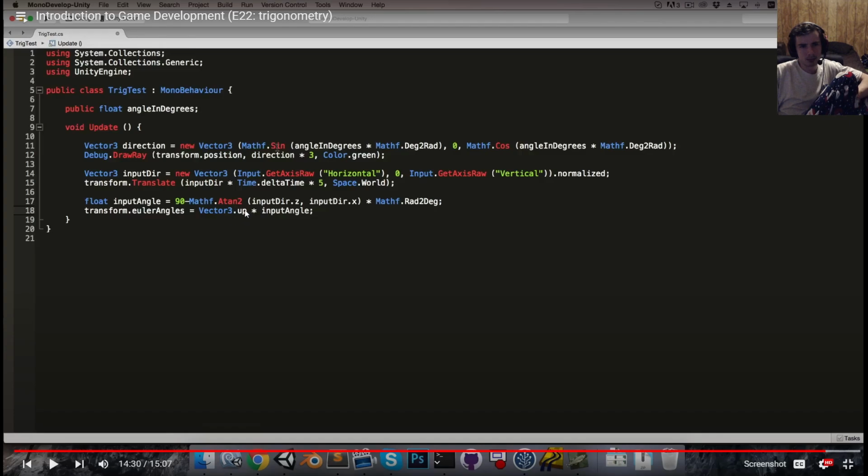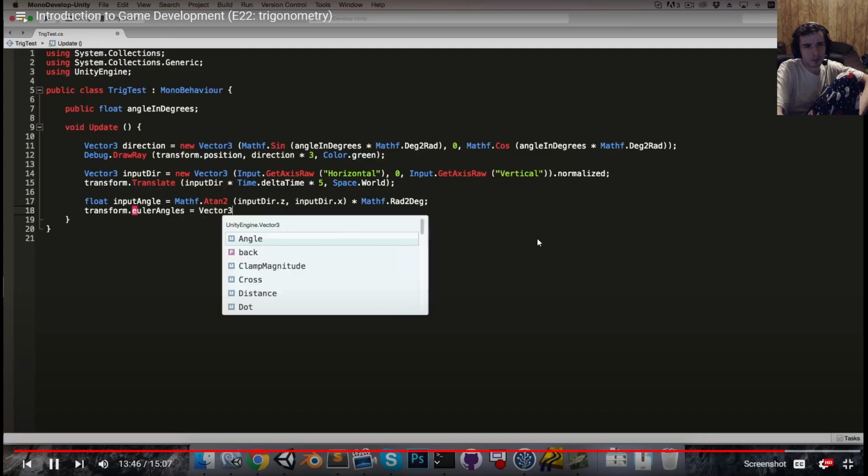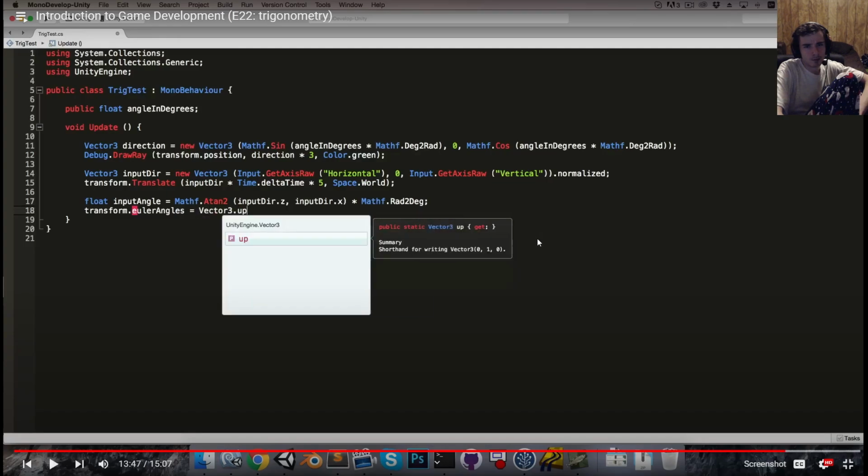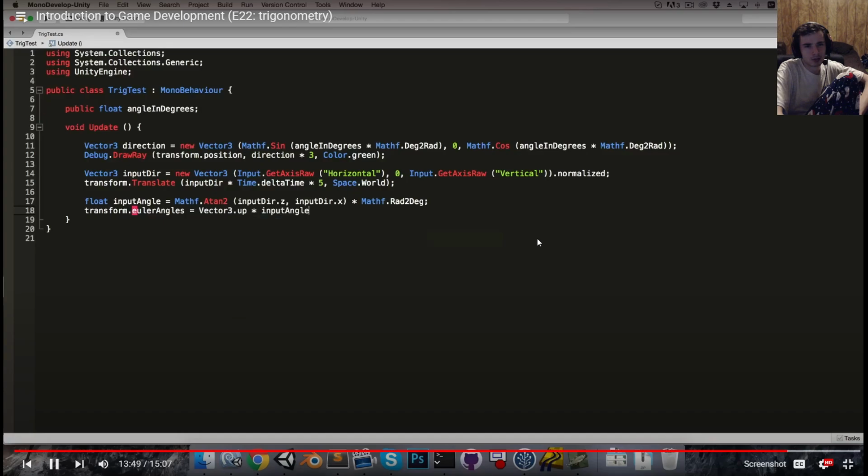Vector3.up times input angle. Why would it be Vector3.up? When you convert from radians to degrees, of course, by multiplying. Okay, so we just write transform.eulerAngles is equal to Vector3.up multiplied by the input angle.